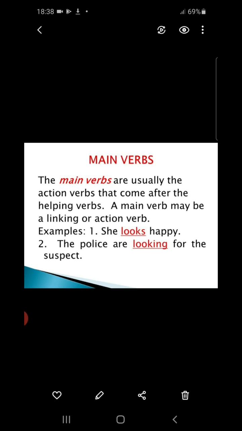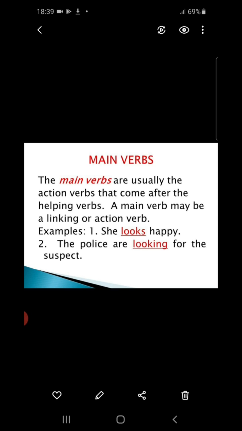So basically, doing words are recognized as verbs, as you know, and they take the position of main verbs when they produce a specific meaning of their own.